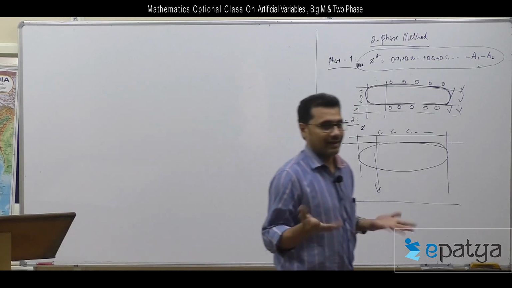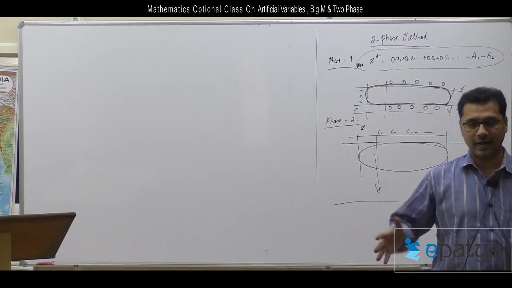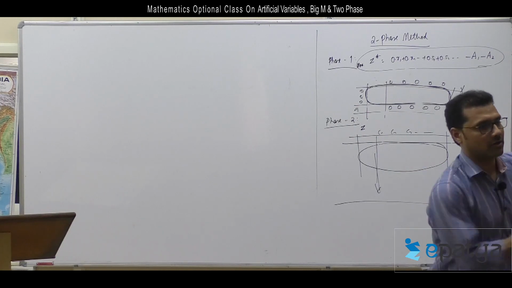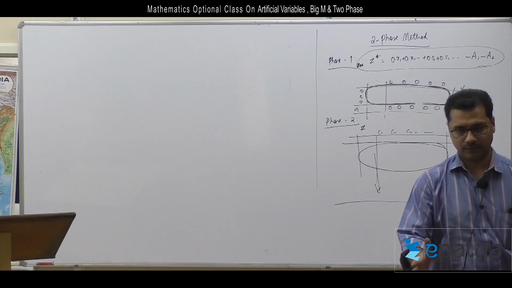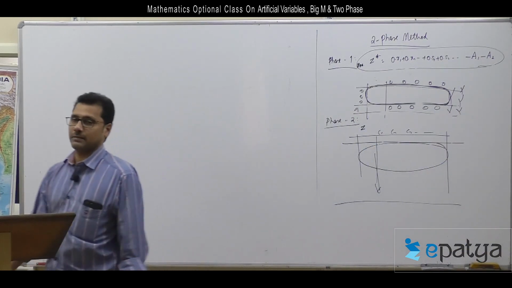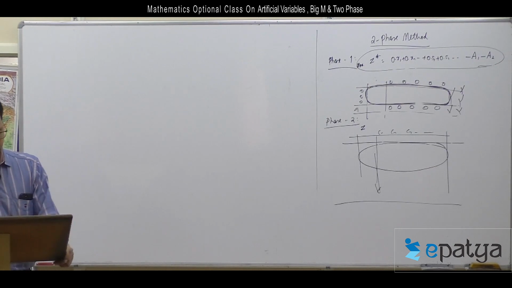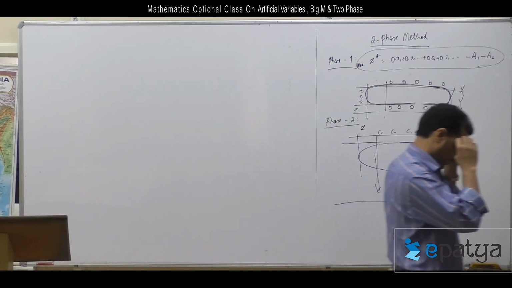Of course, here there are no artificial variables. Artificial variables have already left the basis. Phase 1 ends means the artificial variable is already gone. So in phase 2, there is no artificial variable as such. Okay? Fine. And use the simplex method to obtain optimality. Continue with the simplex method to obtain optimality.